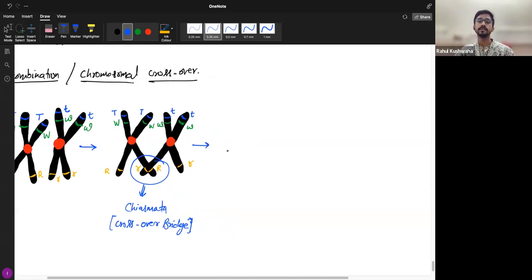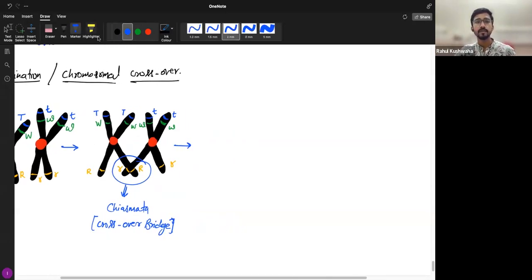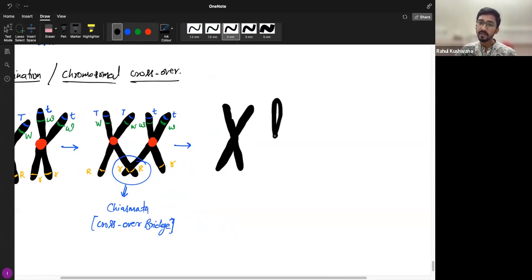in the third step, where we will again make the chromosomes, we get, I think color coding it differently would have been a better idea. But since we made all the chromosomes black, let's keep it black. But what happens?